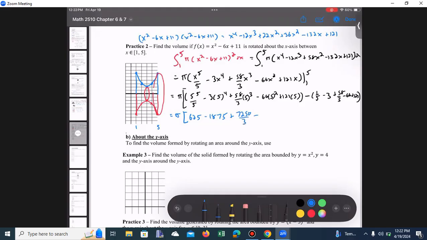And 25 times 66 is 1650. And 121 times 5 is 605.